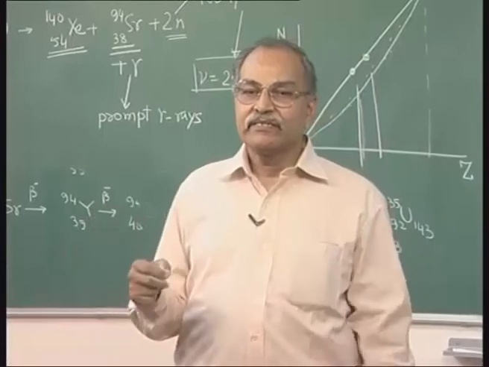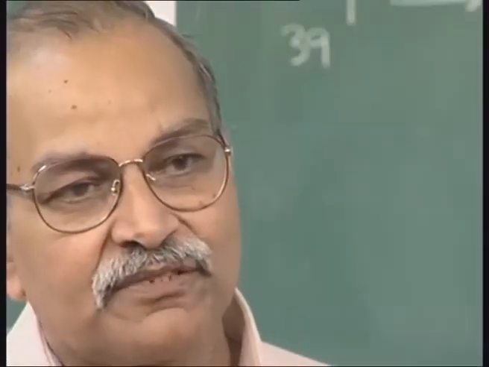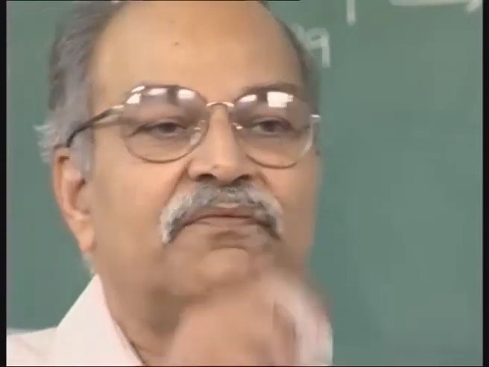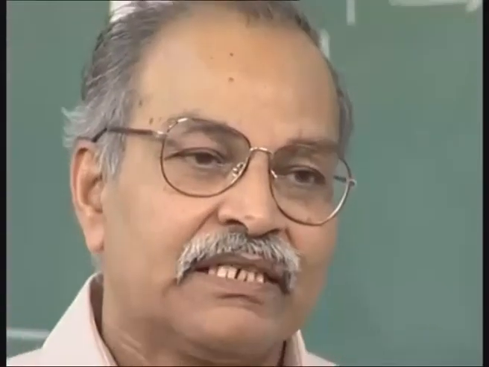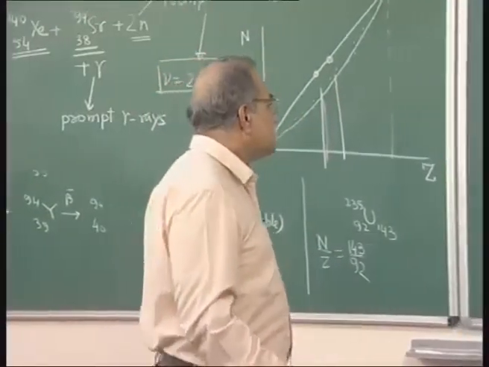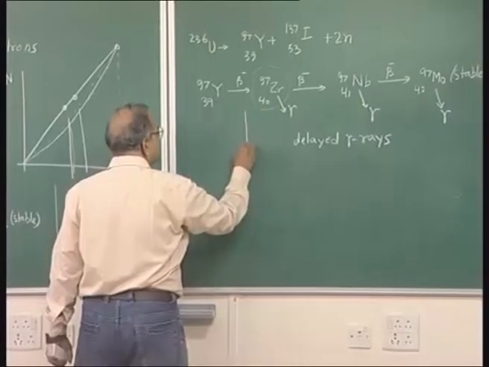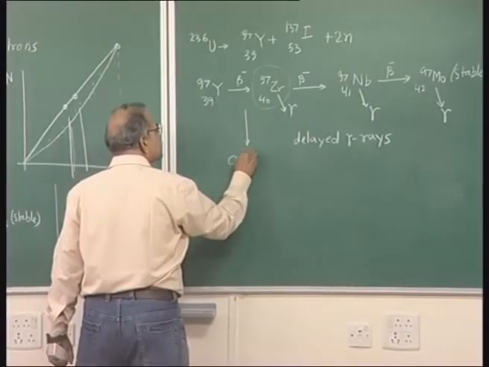The rest is distributed among the kinetic energy of the prompt neutrons, the beta particles, the prompt gamma rays, delayed gamma rays, delayed neutrons, and one more thing, antineutrinos, which come from the beta reactions.